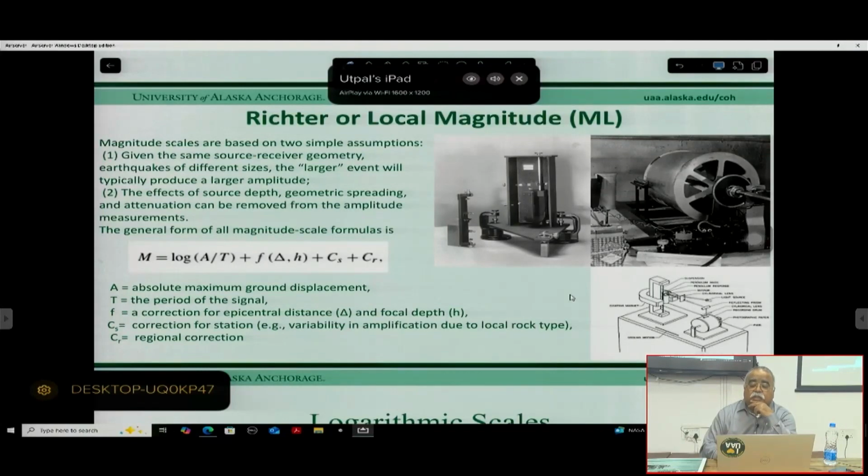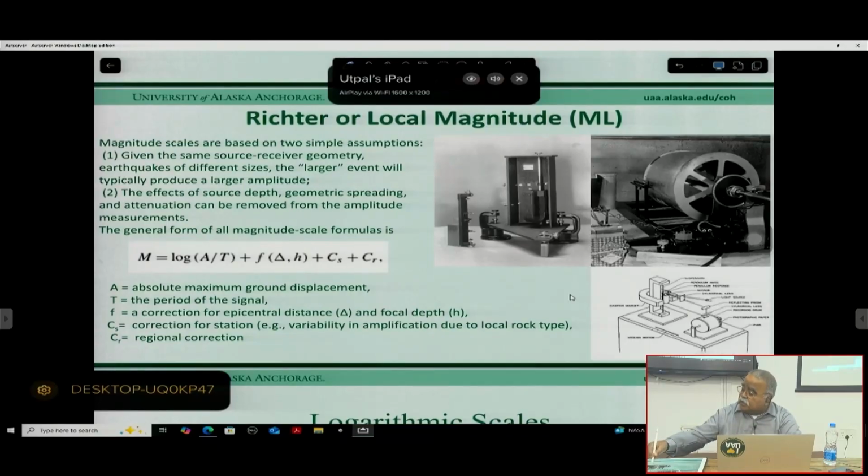Now, this is the first seismogram, which we call the Wood-Anderson seismometer, and this seismometer is relatively huge compared to our modern day seismometer size. These are all analog records.